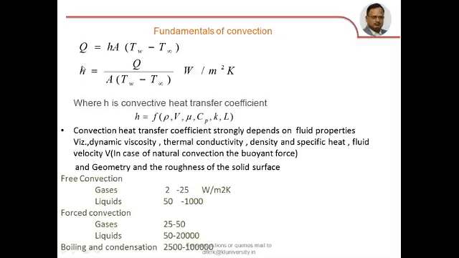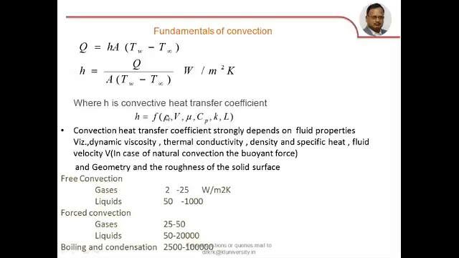This convective heat transfer coefficient is a very complicated parameter depending on the density of the fluid, the velocity of the fluid in case of forced convection, or the buoyant force in case of natural convection, the viscosity of the fluid, the specific heat of the fluid, the thermal conductivity of the fluid, and the characteristic dimension of the object.